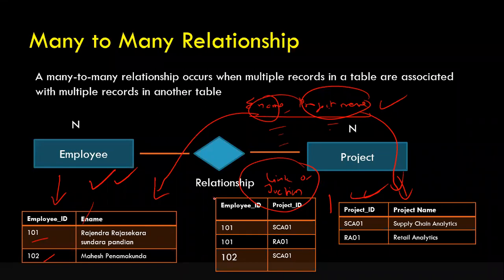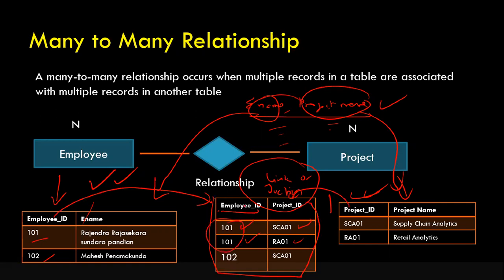So that is where we create a table called a junction table. We take this column and put it here, and we take this column and put it here. We will have the unique key columns from both tables. This employee Rajendra is working on more than one project, so the employee ID can be duplicated here.